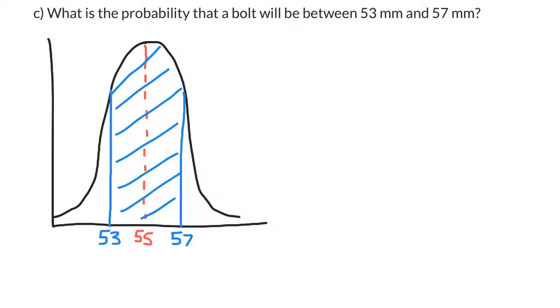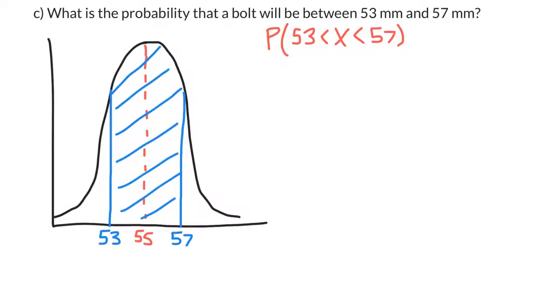If I think about my normal distribution curve, I'm looking for that area between 53 and 57, which I write like this: the probability that x is between 53 and 57. The probability that the length is less than 57 is this entire area under the curve, and it goes back to the left.